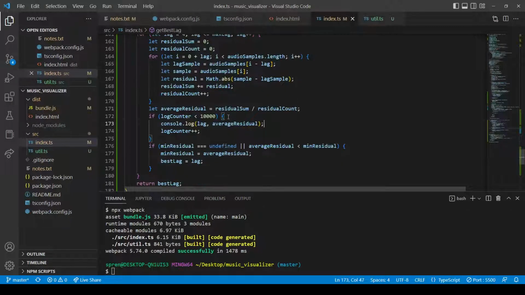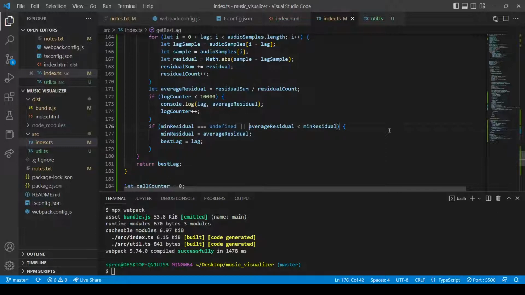And what we're gonna say is, if min residual minus average residual is greater than... Okay, what do we assume here?